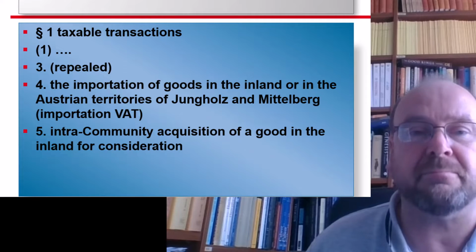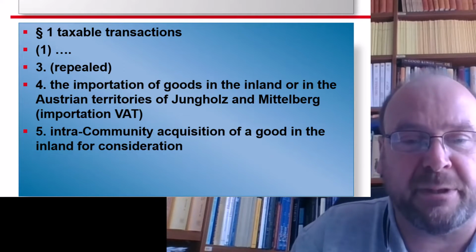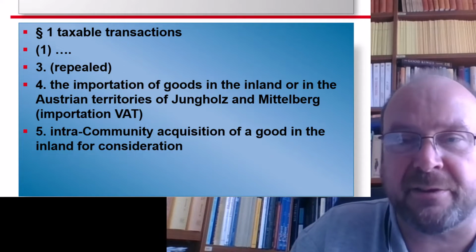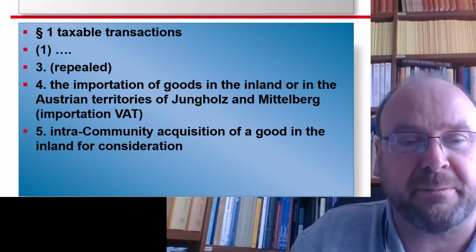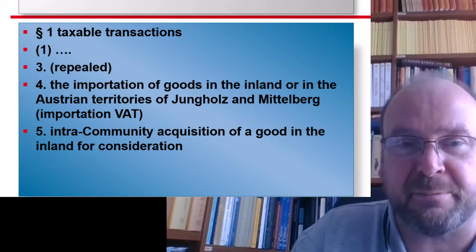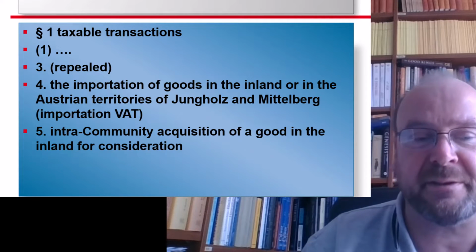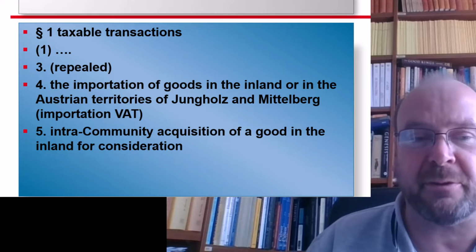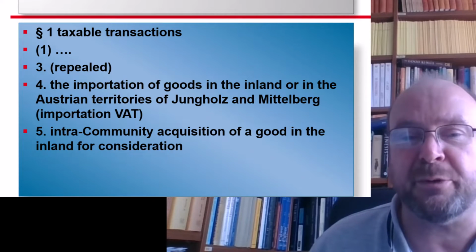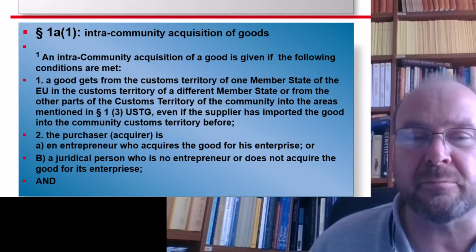Now here we have some technical terms again. Intra-community acquisition in the inland. When does it happen in the inland? These two things must be defined in a closer way, and so we now need to have a look at the definition of intra-community acquisition.